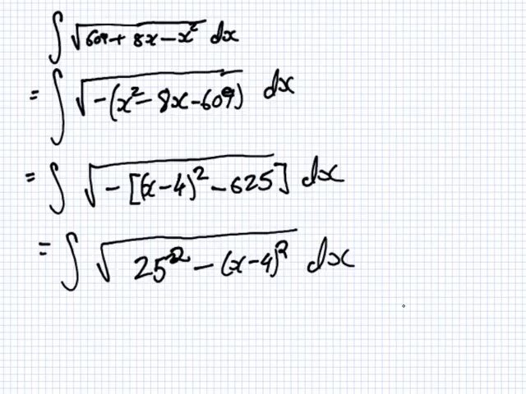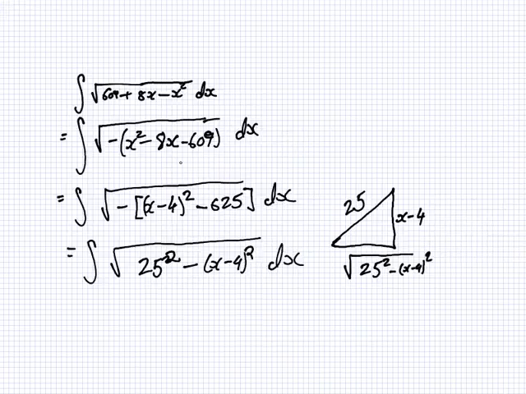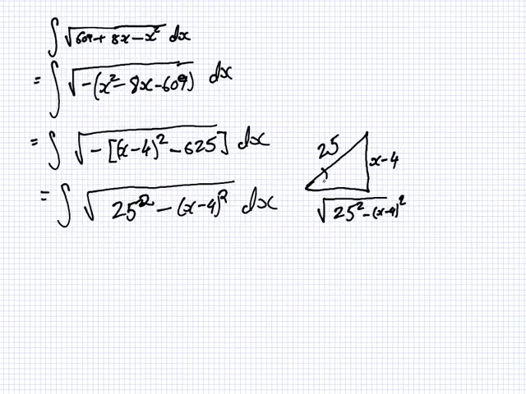Now, this is where we draw that triangle, where this side is x minus 4. Yeah? And then what do we say? This side here is 25. So then this side here is square root of 25 squared minus x minus 4 squared. So in this triangle, I'll call this theta.